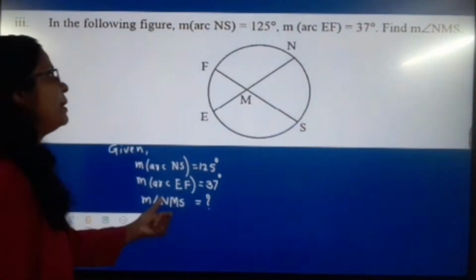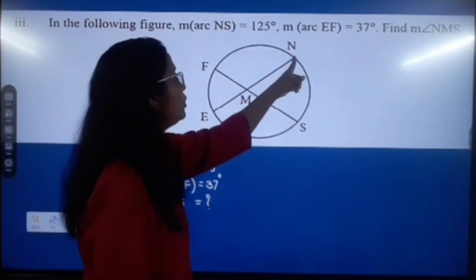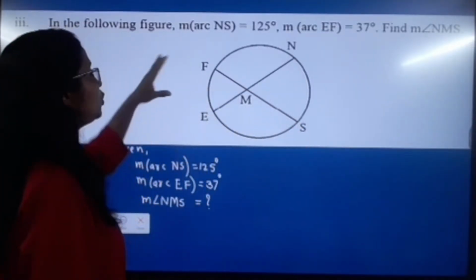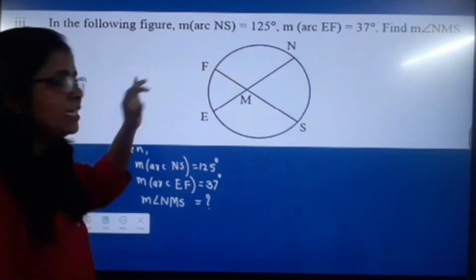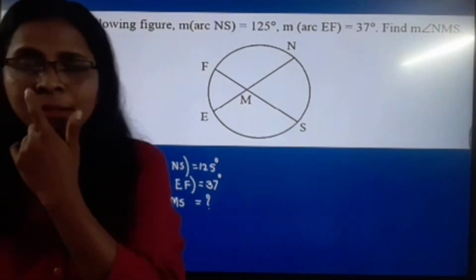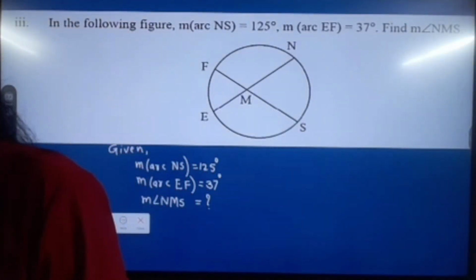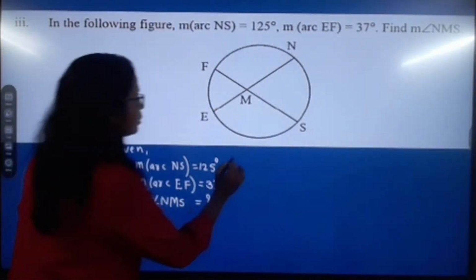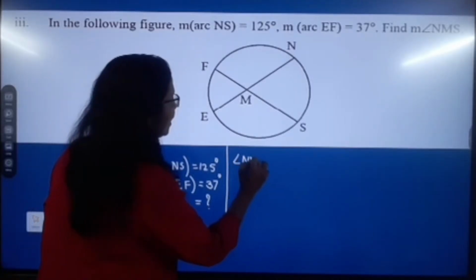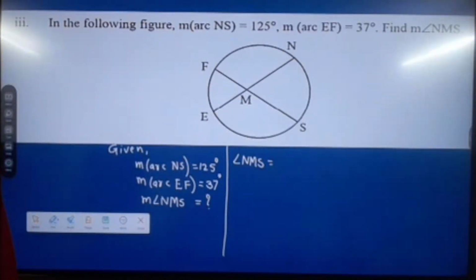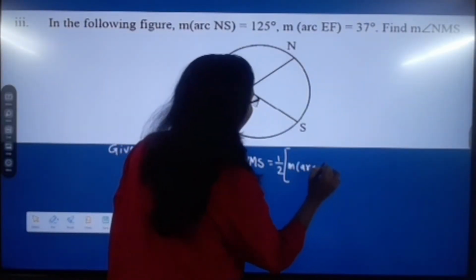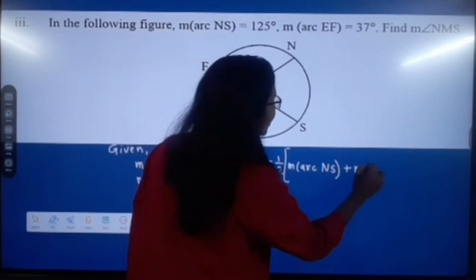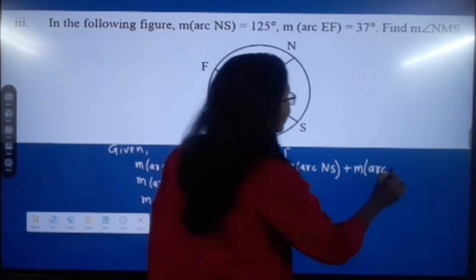If you have to find out the angle NMS and the two arcs are given, that is arc NS and arc EF are given, then there is a formula, students, and that formula is that, see here, angle NMS is equal to, students, half of major arc NS plus major arc EF.